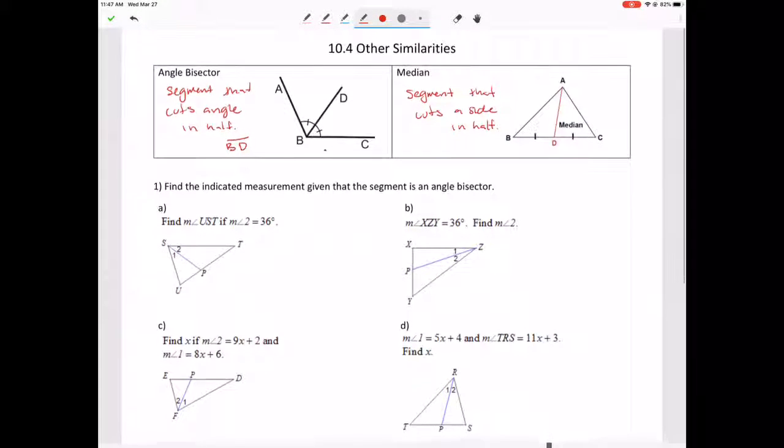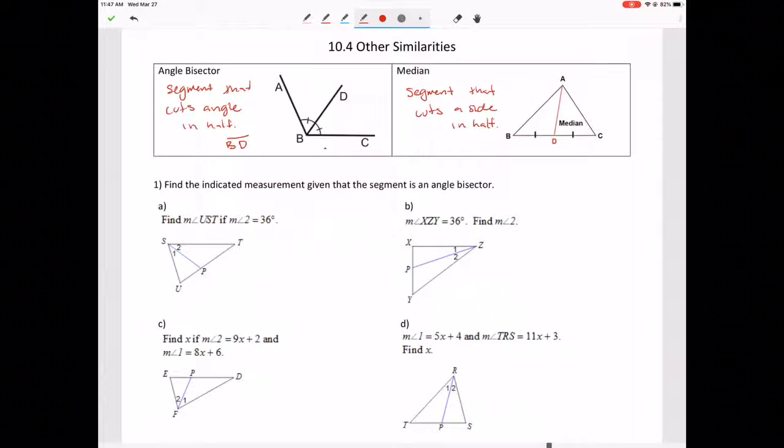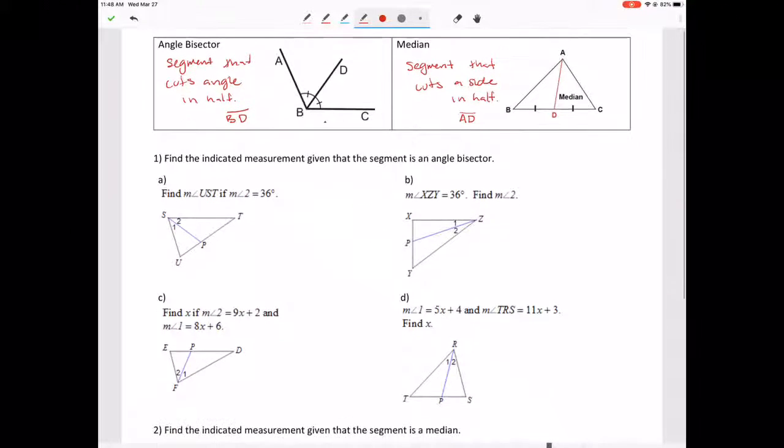All right, so the median here is AD, but what's being cut in half is BC. So BC is cut in half by AD. All right, and so we'll be using that information when we solve some of these problems.